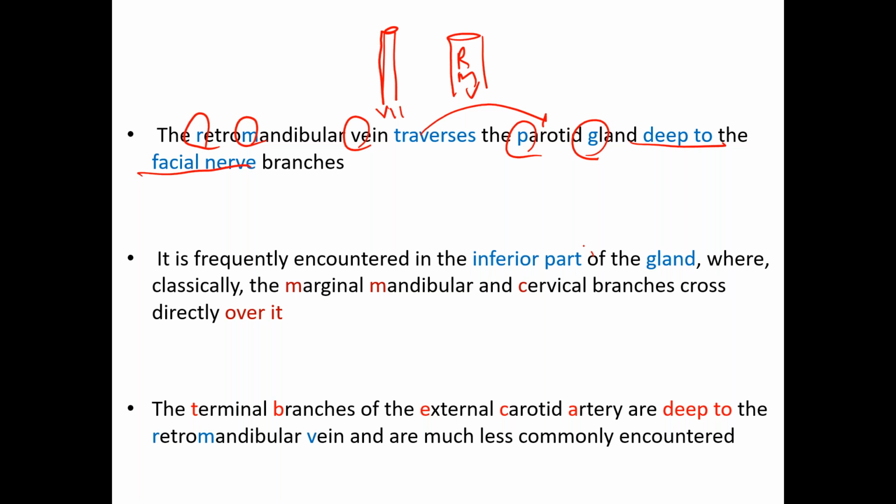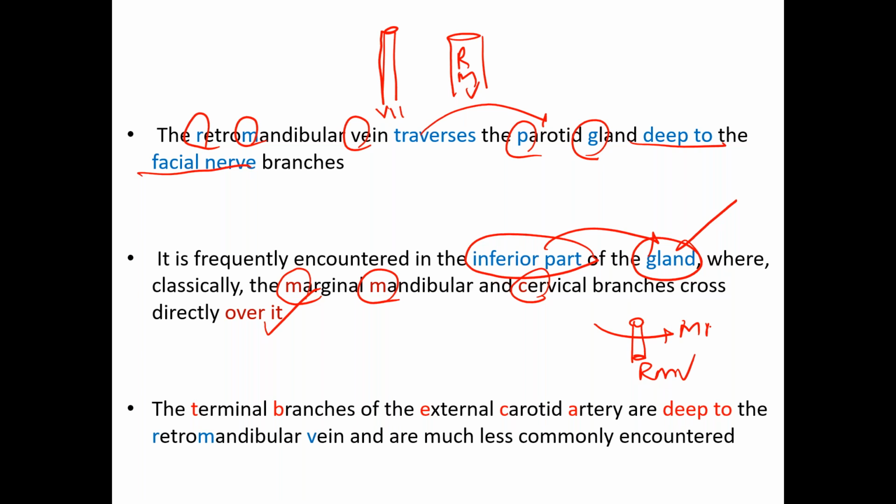It is encountered in the inferior part of the gland, especially along with the marginal mandibular and cervical branches directly over it. So if this is the retromandibular vein, you have the marginal mandibular nerve and then the cervicofacial nerve, just on it.